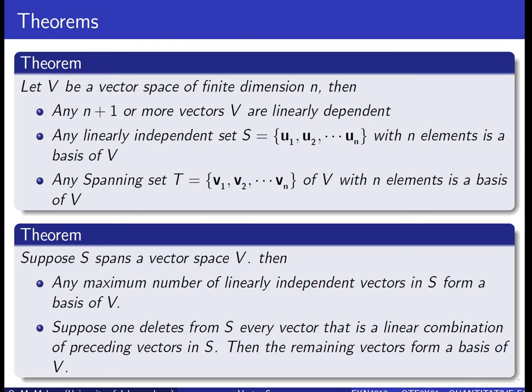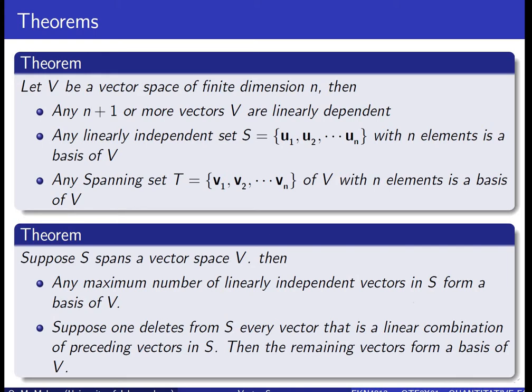We have theorems here that will help us in establishing if a set of vectors is a basis or not. Let V be a vector space of finite dimension n. Then any n plus 1 or more vectors are linearly dependent.